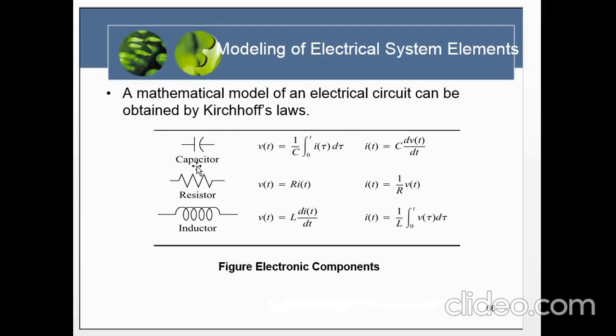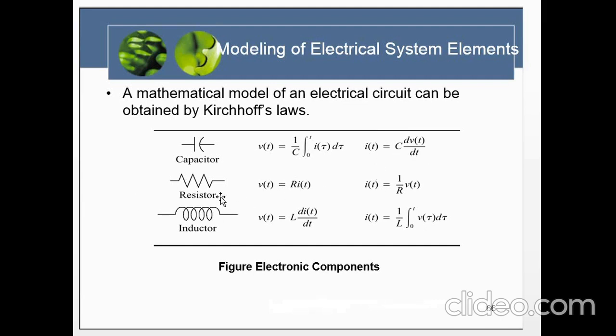First, we look at the capacitor. Voltage in the capacitor is v(t) equal to 1 per C, integral 0 to t of i(tau) d tau, and its current is equal to C dv(t) per dt.